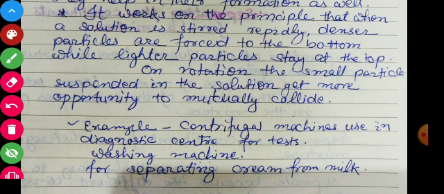The given sample of milk is placed in the machine, which is rotated at a very high speed by passing electric current. The particles of different fats present collide with one another at a fast speed.